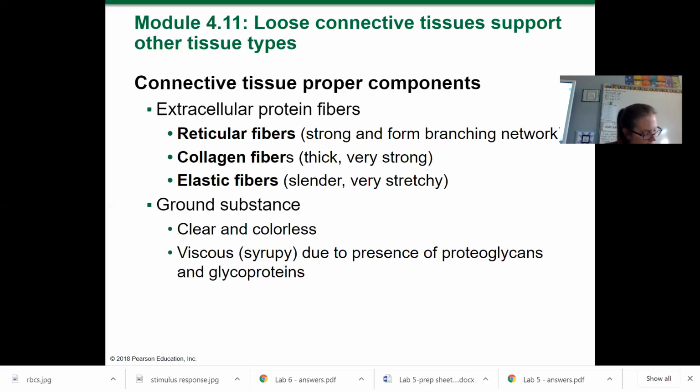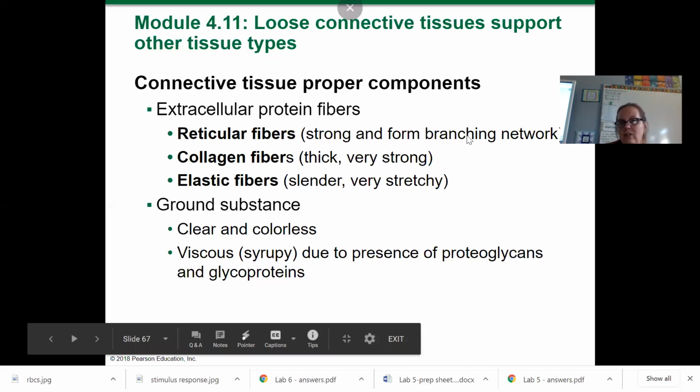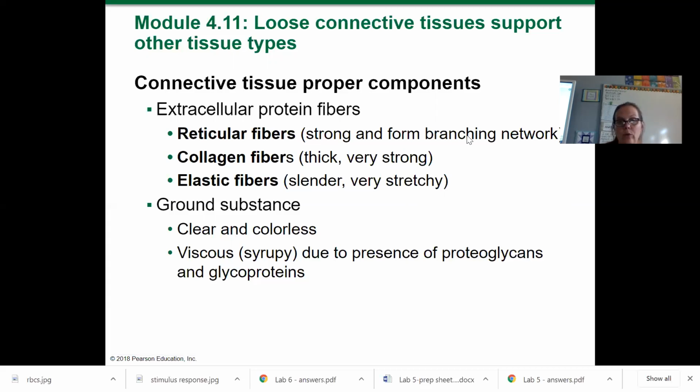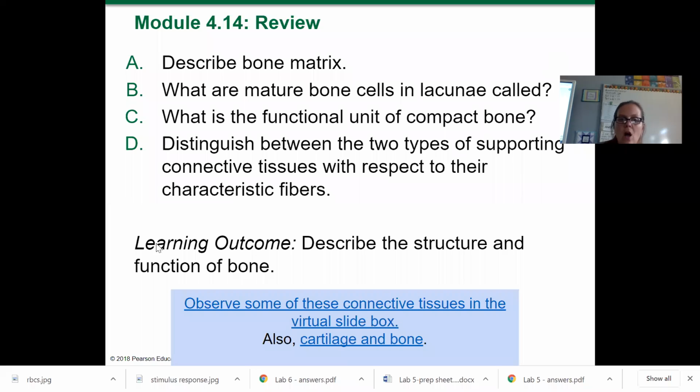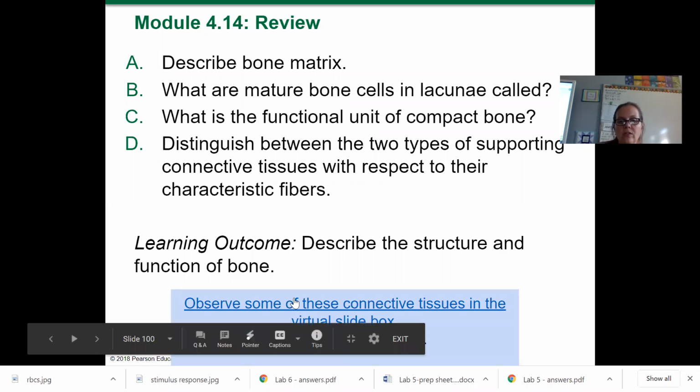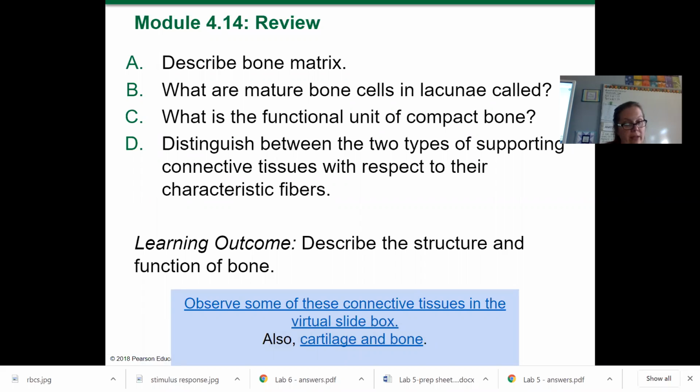I will meet you back at page 168, so start filling in that graphic organizer and working on connective tissue. Also make sure you're looking at some of these virtual slide boxes. This is a direct link to the connective tissue, and this bottom one is to the cartilage and bone. Those are slides that we'll look at in lab, or you might be looking at them again if you're virtual.